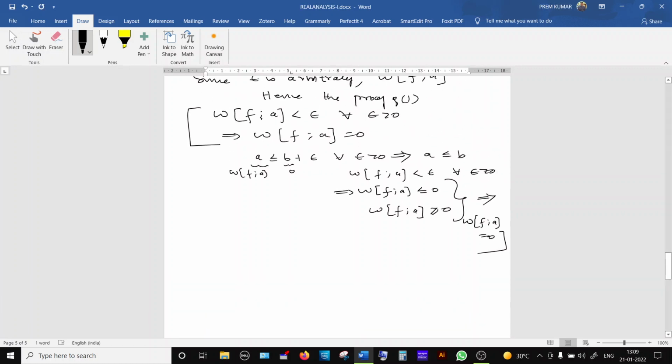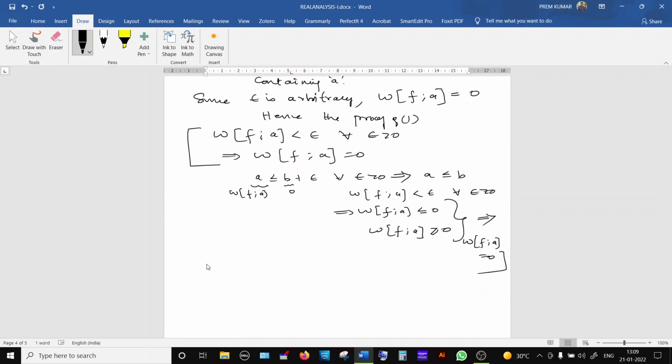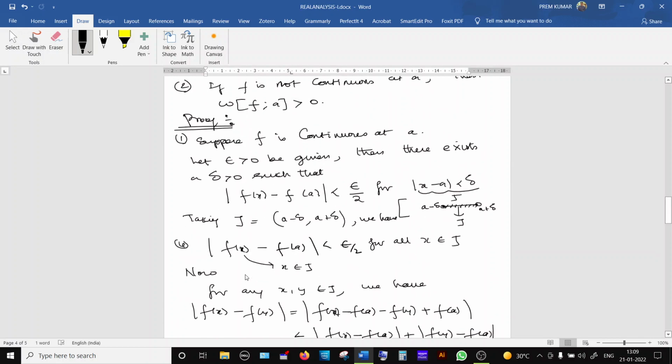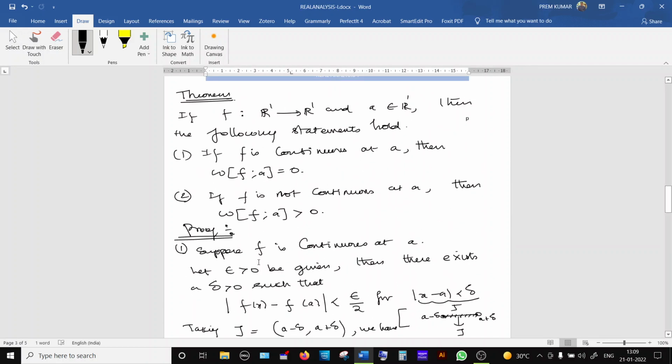Now next we are going to understand the proof of b. So I will prove the proof of 2. We have to prove that if f is not continuous, then the oscillation at the point a must be greater than 0.